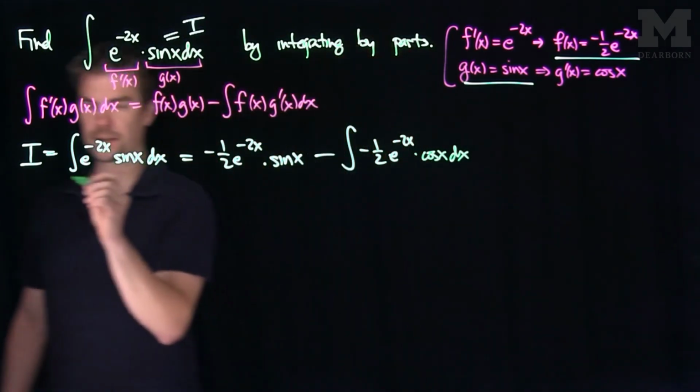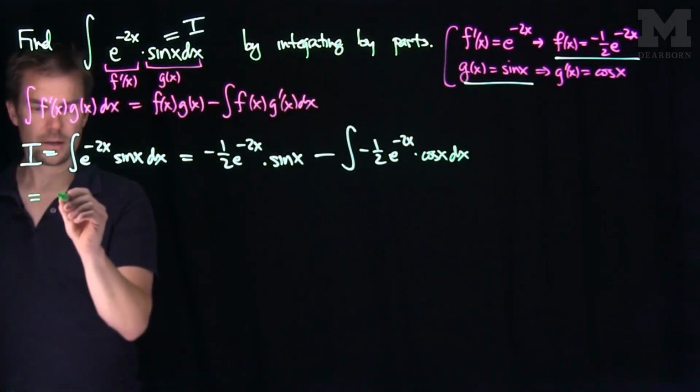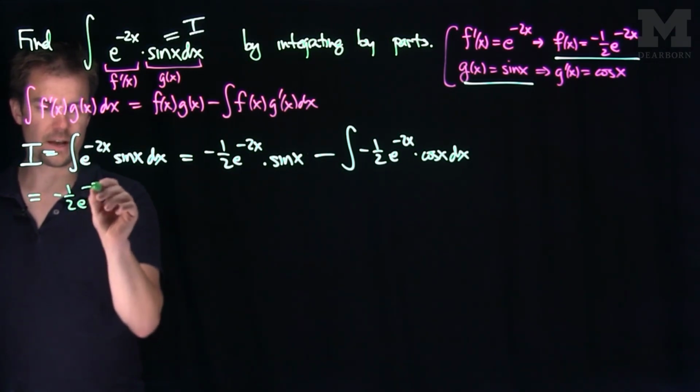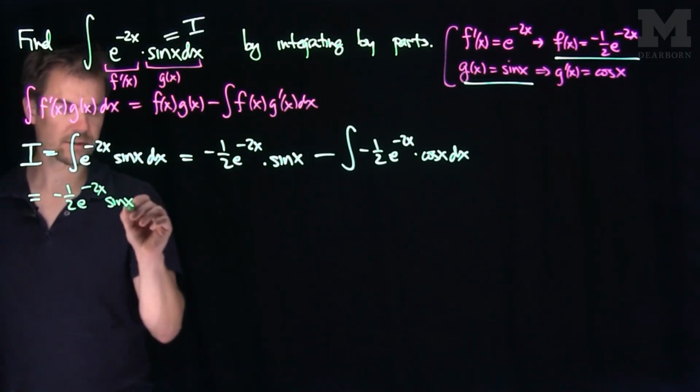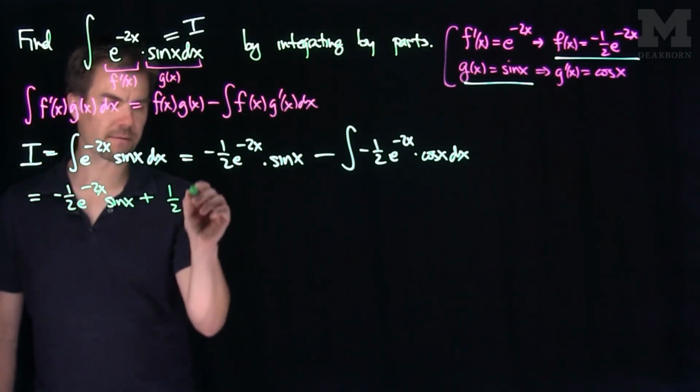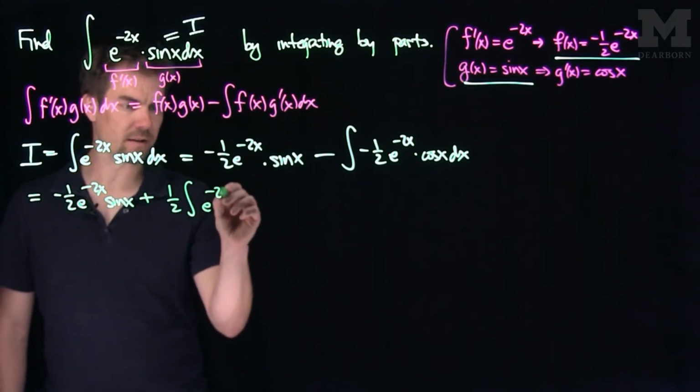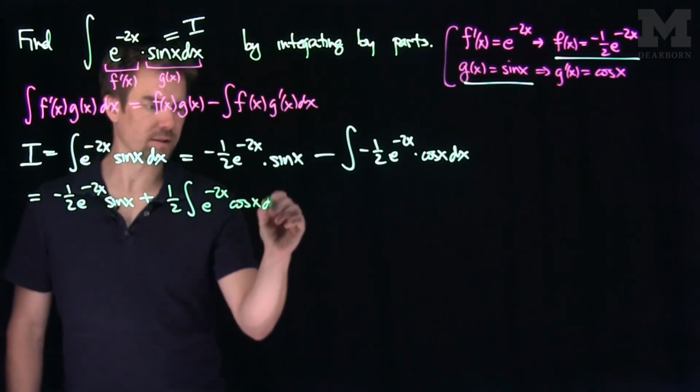If we simplify, this is negative 1/2 e to the negative 2x sine of x plus 1/2 the integral of e to the negative 2x cosine of x dx.